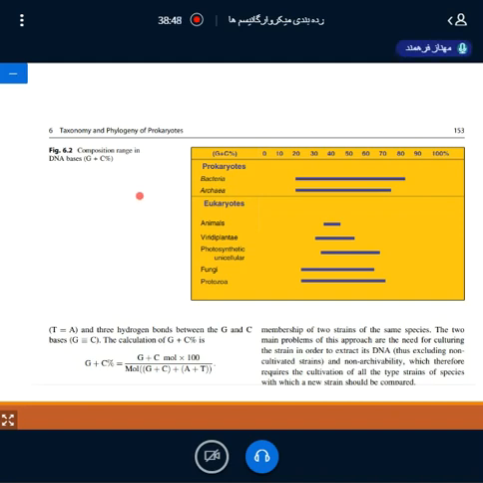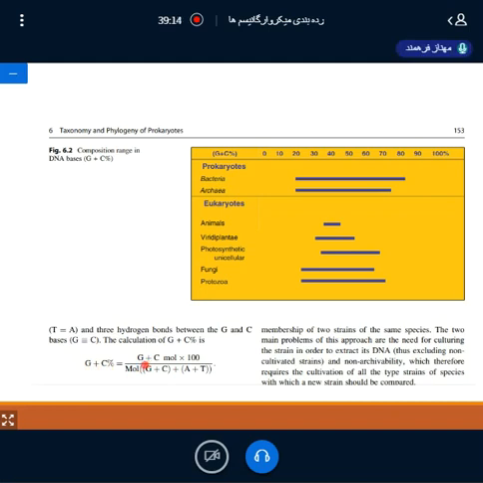You can see here figure number 6, composition range in DNA-based guanine plus cytosine percentage. You can see here the formulation of this calculation, okay? Guanosine plus cytosine percentage mole.